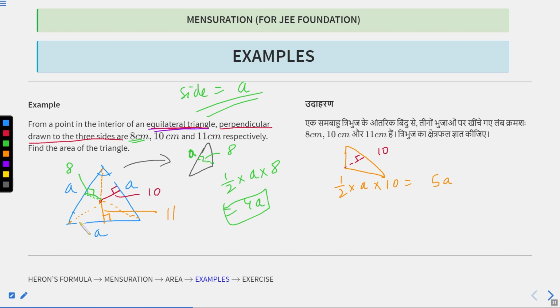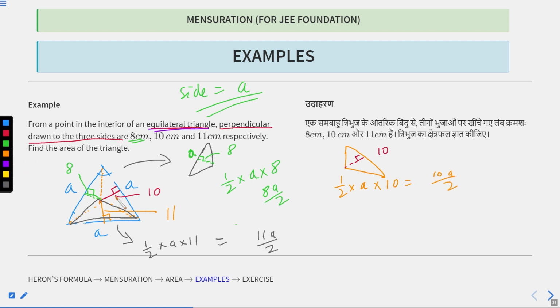Now for this triangle I'm taking, I know the base is A, so the area is half into base into height, which is 11A by 2. Or just write it like this: 8A by 2, 10A by 2.